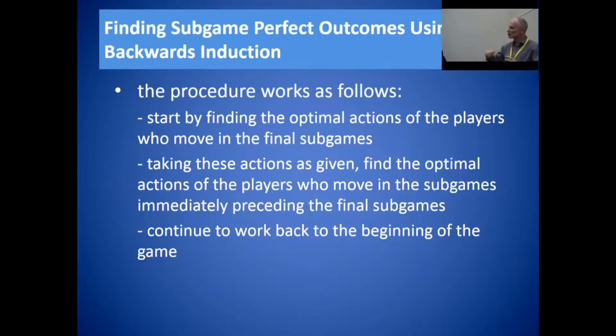That's the rubric, and that's all that you need to do to identify the subgame perfect Nash equilibrium, or the subgame perfect outcome, the most plausible outcome in any dynamic game. Now, it might seem very long-worded, but it's very, very easy to do.